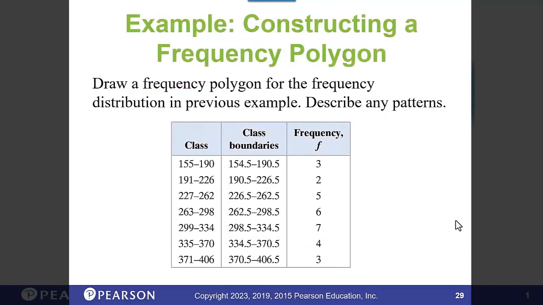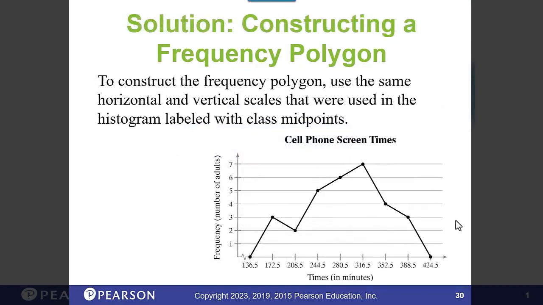So you want a frequency polygon for that one? No problem. And there you got it. You might want to try doing this yourself. Not right now, but come back and get the data, try it yourself. You've got the midpoints right here, and you've got 0 points.